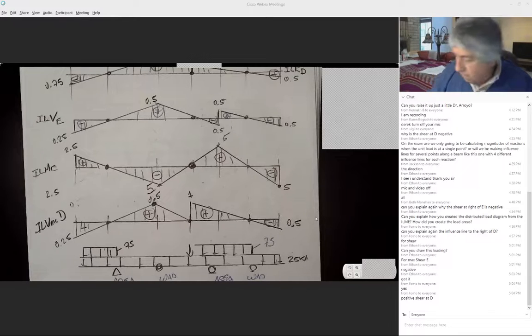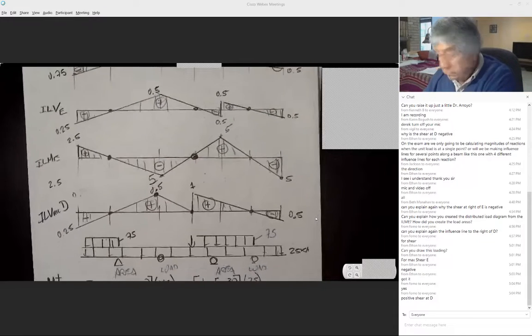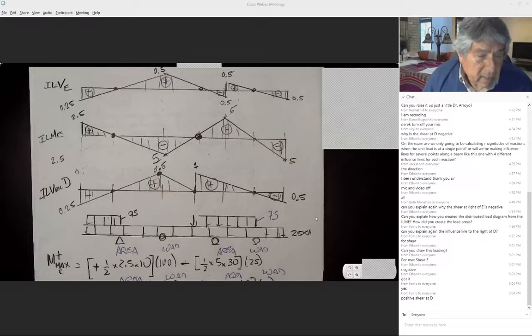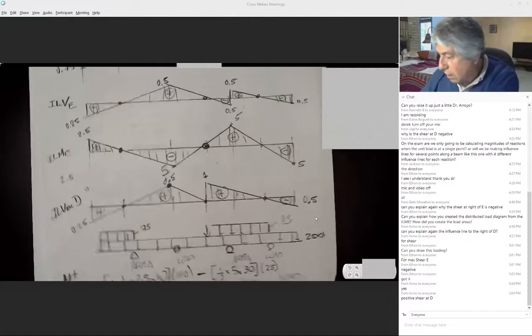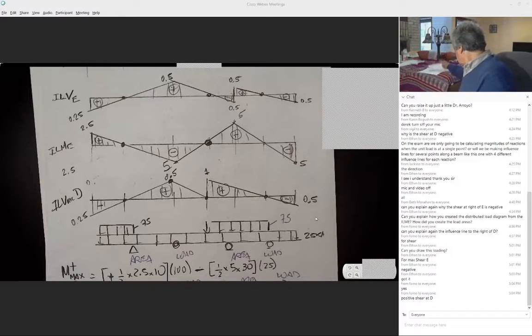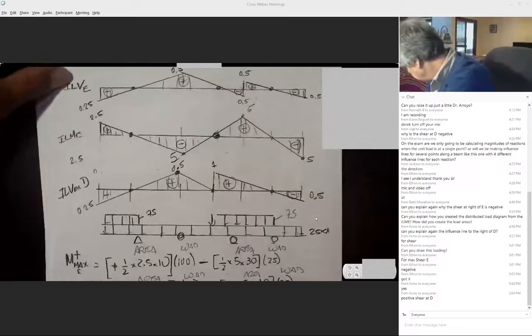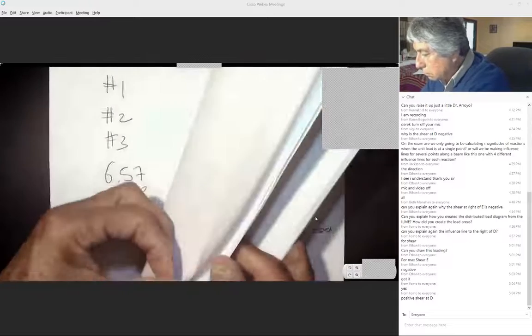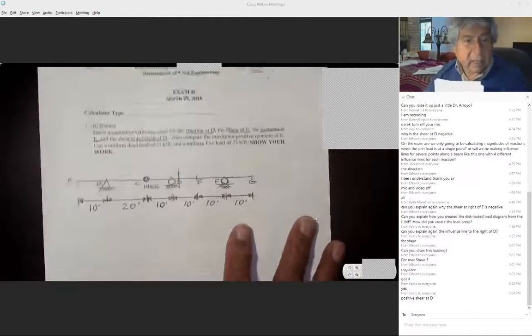Positive shear at D. Okay. There's a question, the positive shear at D. And I want you to look at the problem again.